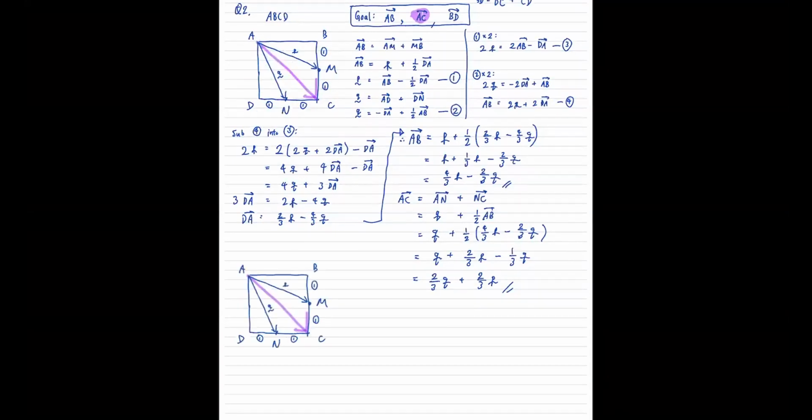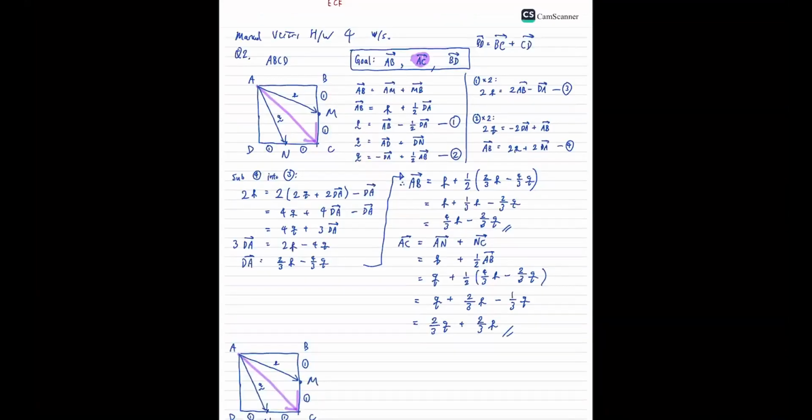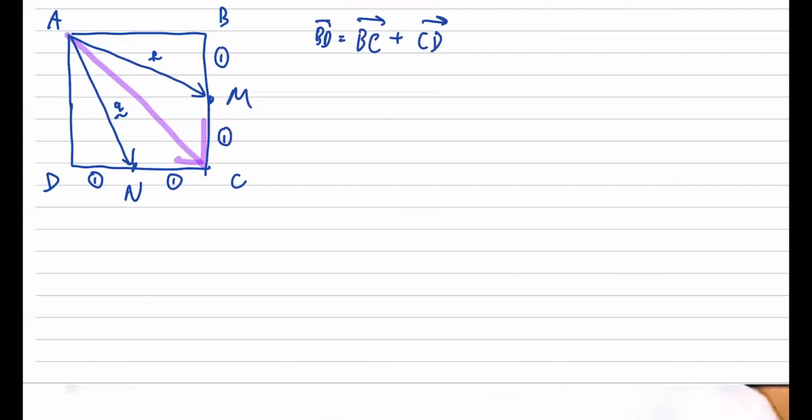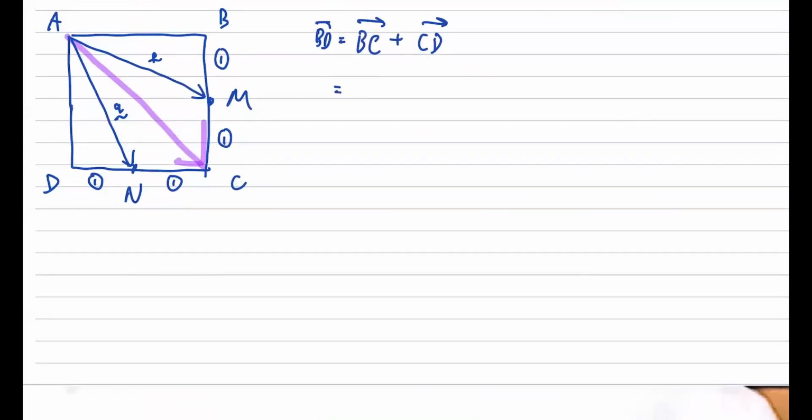Okay, I'll put it here. You are saying BC plus CD, but you know that BC is the same as AD, okay? And then CD is really just negative DC, right? Negative, yeah. Have we found those already?